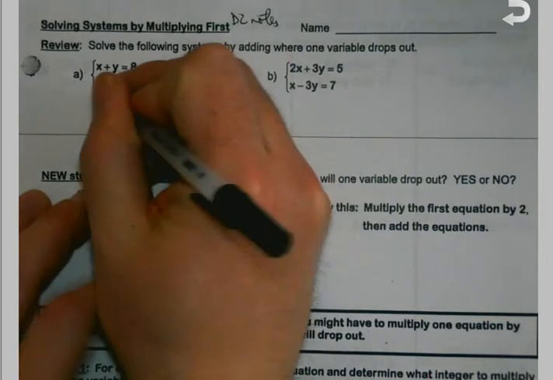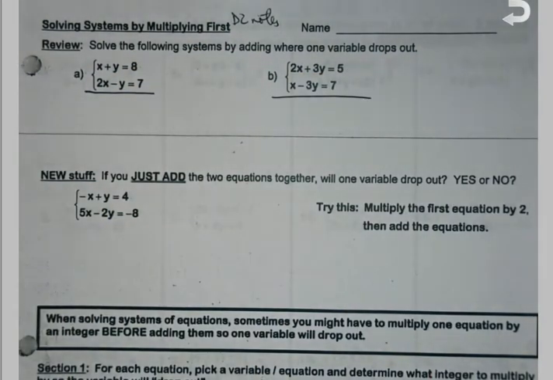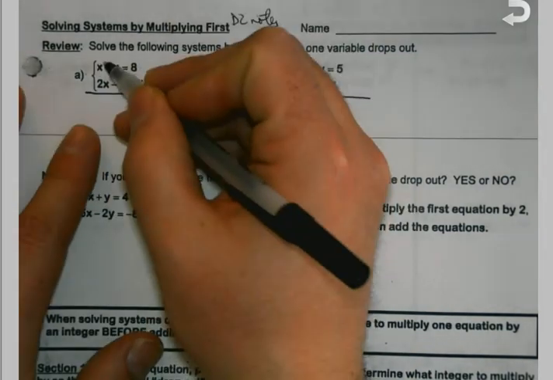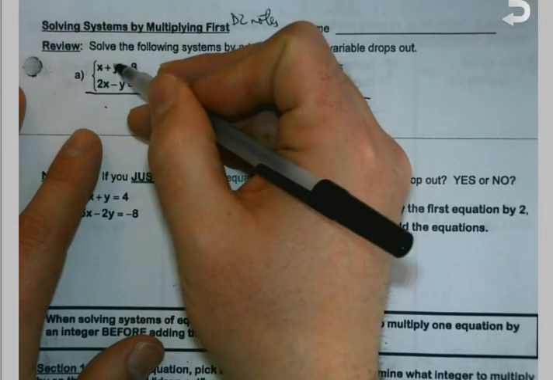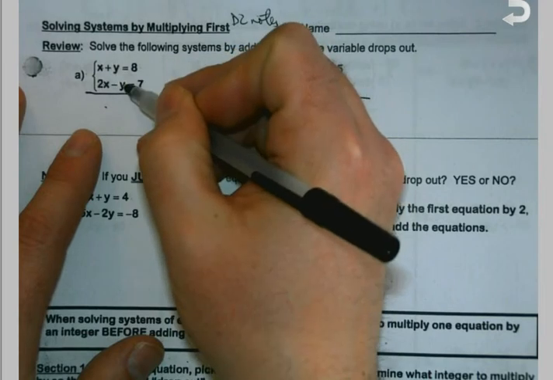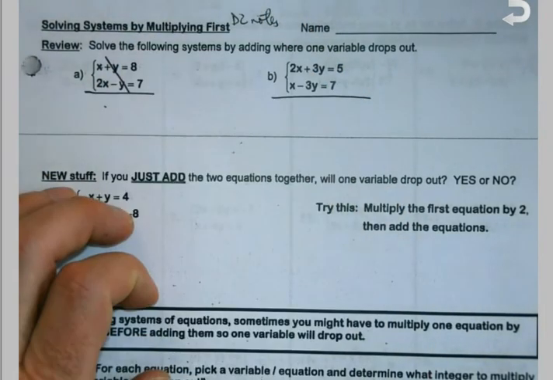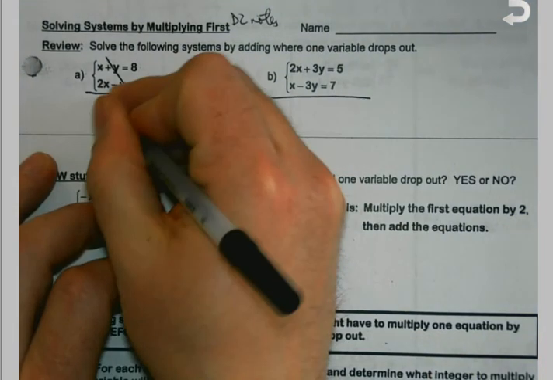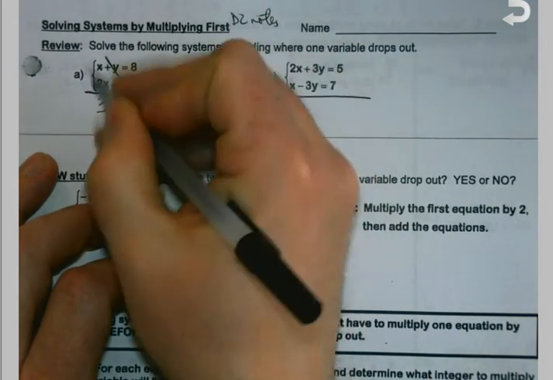Because we always want to check, whenever we're doing any of these, if I can add down right away and get rid of a variable, that's what I want to do. So before I start multiplying anything, I was going, okay, x and 2x, now that'd be 3x. That doesn't do me any good. 1y and negative 1y. That does, though. So those would cancel out. And I would just add down with the rest.